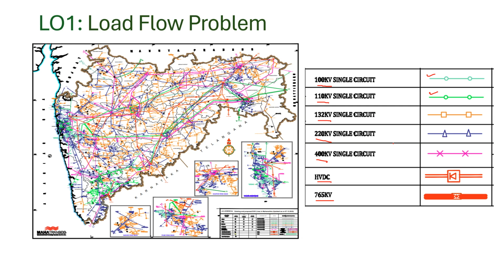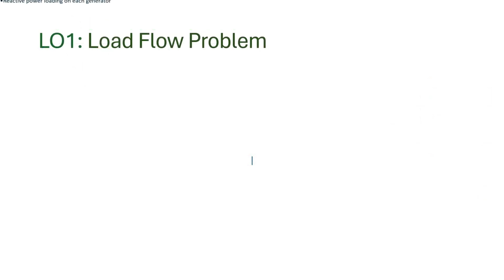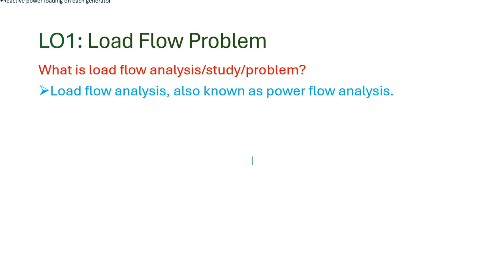Now let us come to our learning outcome number one, that is the load flow problem. What is load flow analysis? Sometimes it is called a study or problem. Load flow analysis is also known as power flow analysis.